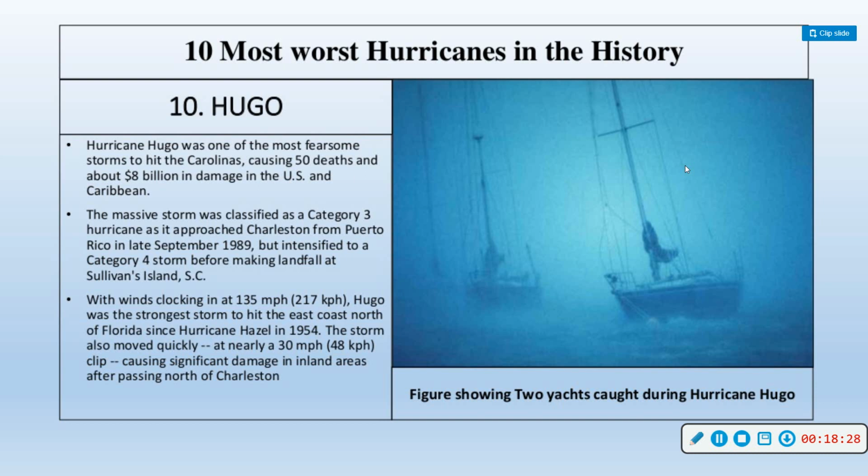With winds clocking in at 135 miles per hour, Hugo was the strongest storm to hit the east coast north of Florida since Hurricane Hazel in 1954. It moved quickly at nearly 30 miles per hour, which is really fast for a hurricane, causing significant damage before it went to Charleston.